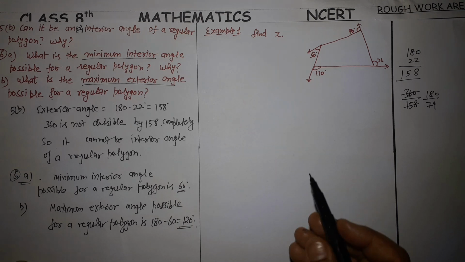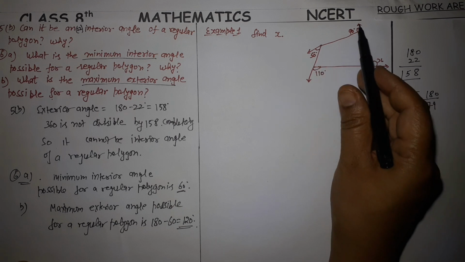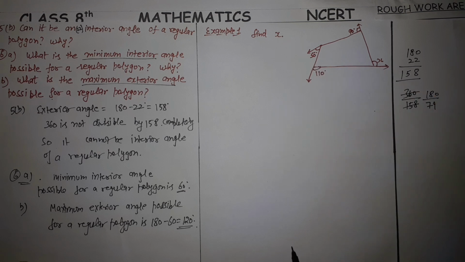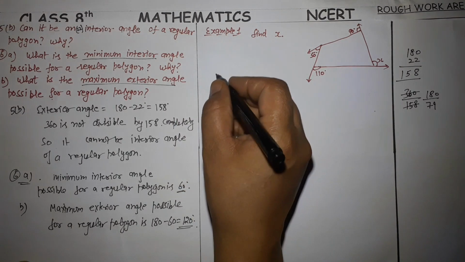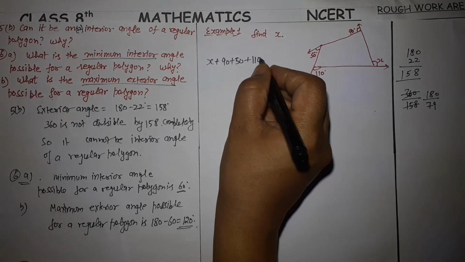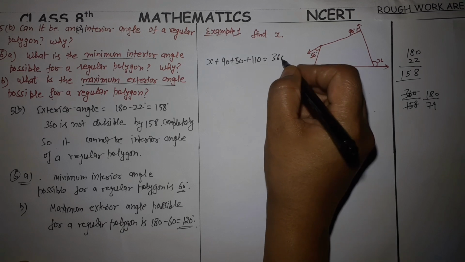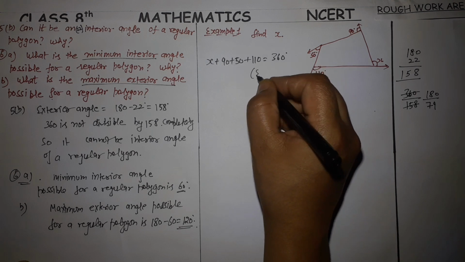Now next we come to example number 1 of this exercise. Here the figure is given: 90, 50, 110, x, all are exterior angles. We have to find the value of x. So x plus 90 plus 50 plus 110 will be equal to 360. Why? Because of the exterior angle property.